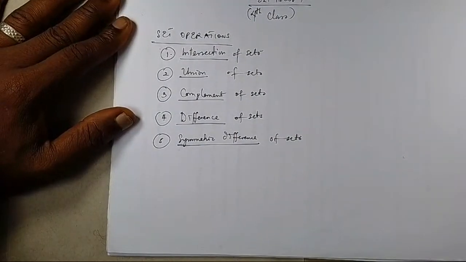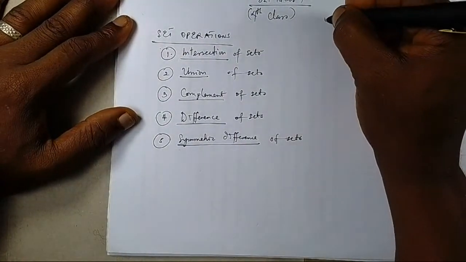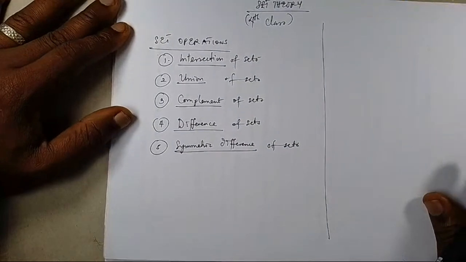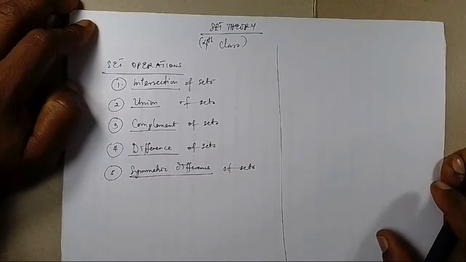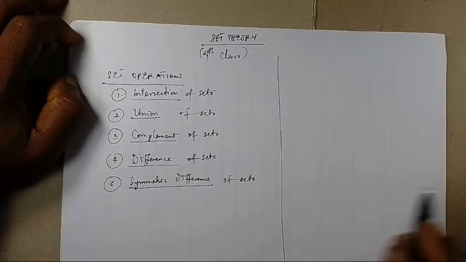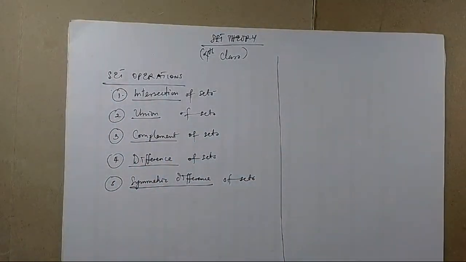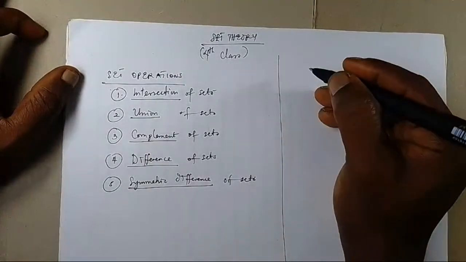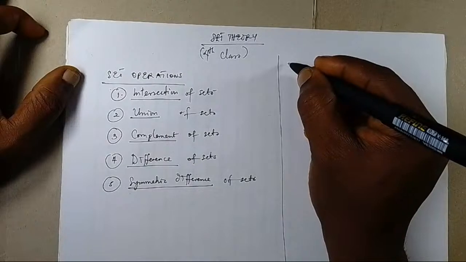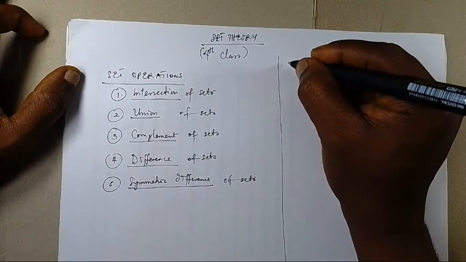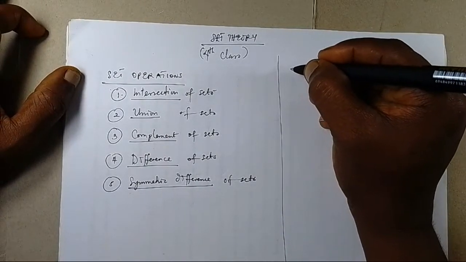So quickly, without much waste of time, let us begin. Let's start with the first operation, the intersection of sets. What we shall be doing will be to define each operation and then move over to examples.